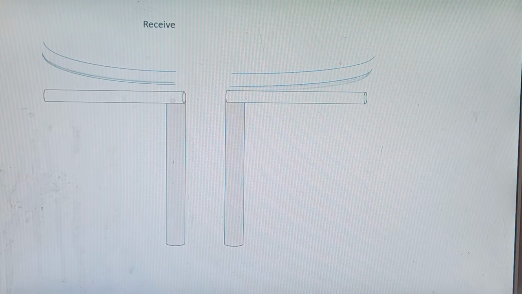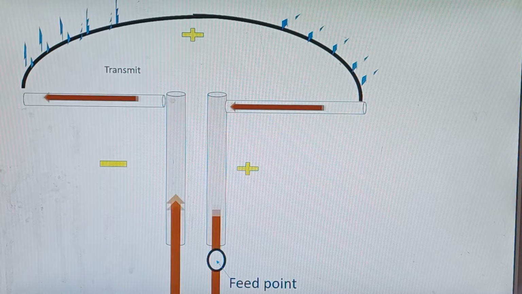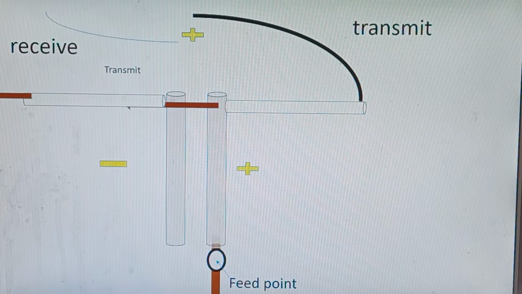So receiving, same idea. Transmitting. So the signal goes through the coax and out the antenna, and then you're transmitting.